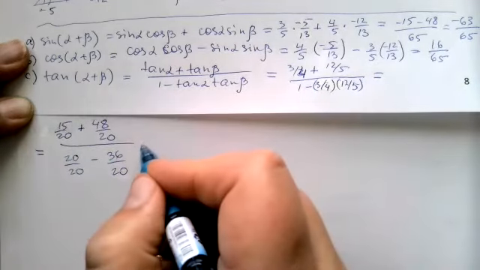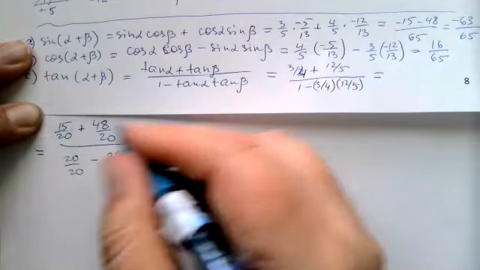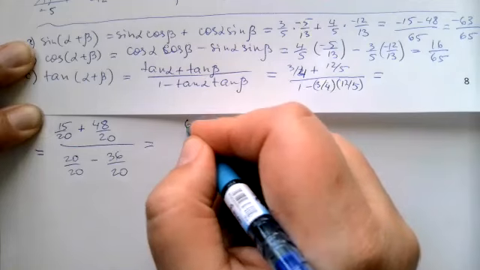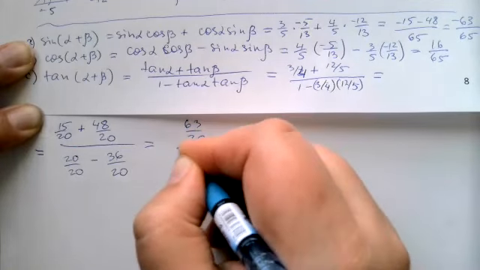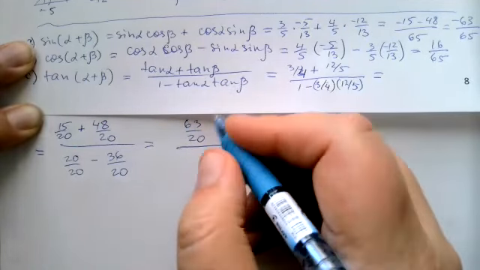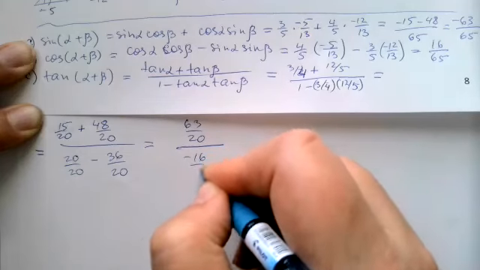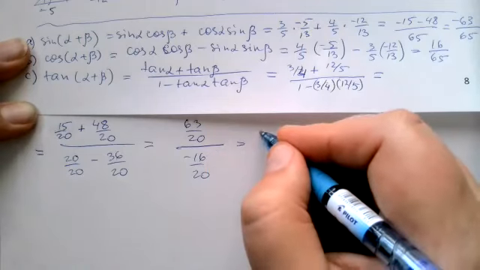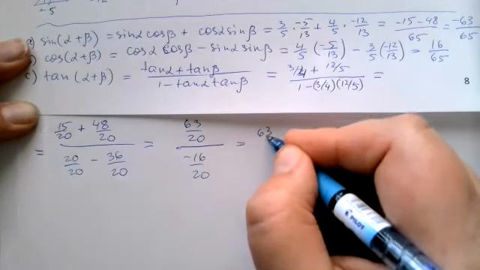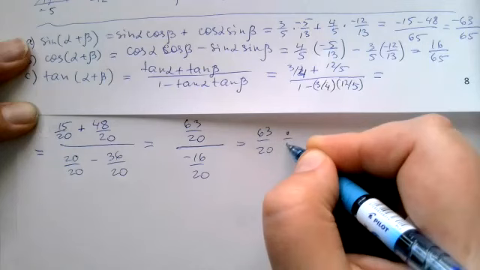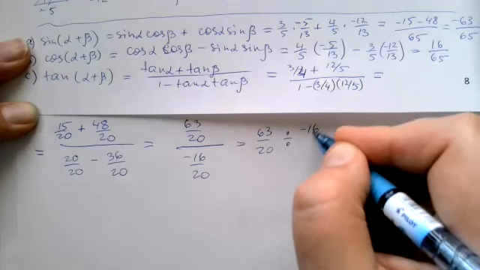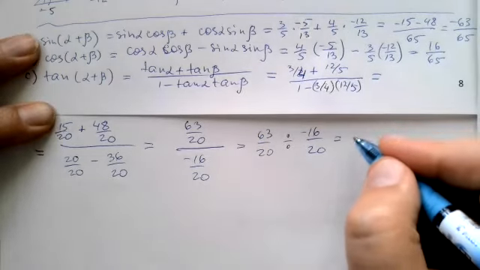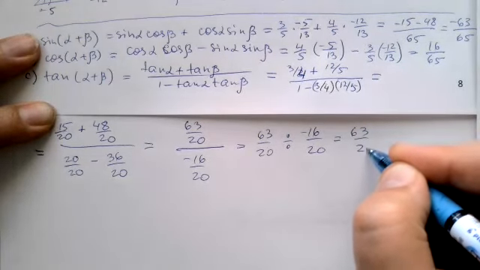And now I'm going to combine and divide. Okay, so here we're going to have 63 divided by 20 in the numerator and negative 16 over 20 in the denominator. Again, this is a complex fraction, which I'm going to rewrite as a regular fraction using the division symbol, and then turn the division into multiplication and simplify.